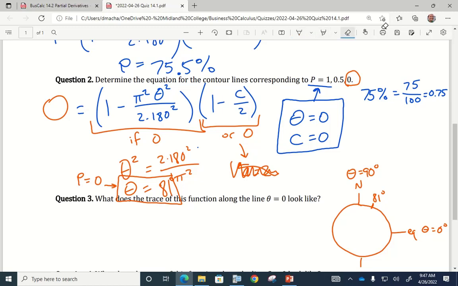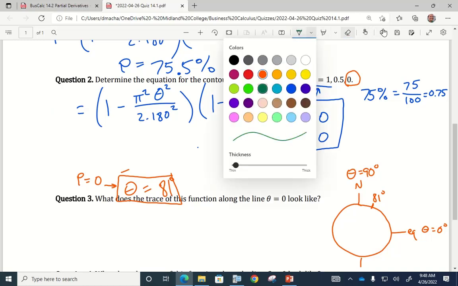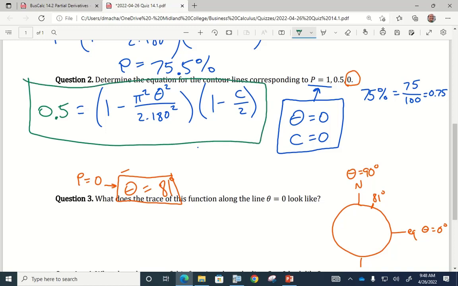Okay, and lastly, this is the least interesting case, but also the easiest for the same reason. If you wanted to write the equation for a contour line when P is equal to 0.5, just pop in the 0.5 for P. And there's a whole bunch of thetas and C combinations that will give you P equals 0.5.